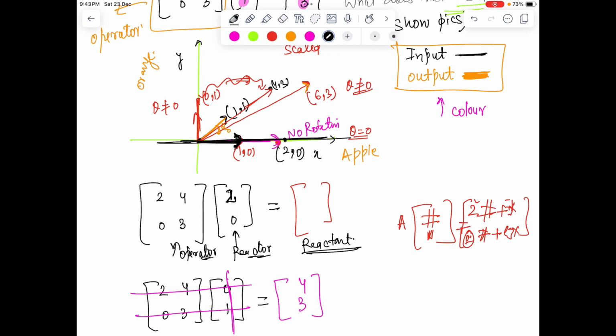The result is not much surprising, because 2 is just a multiple of 1, so it will also not suffer any rotation. We'll have 4, and this guy still goes to 0. So 2 comma 0 has gone to 4 comma 0, right? So in that sense, I can have infinitely many vectors along the x-axis which will not suffer any rotation.